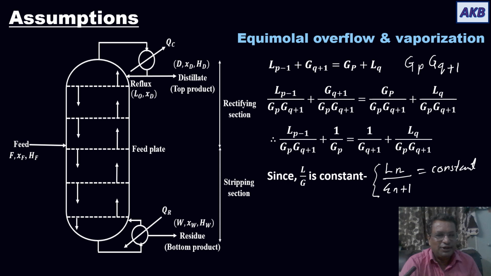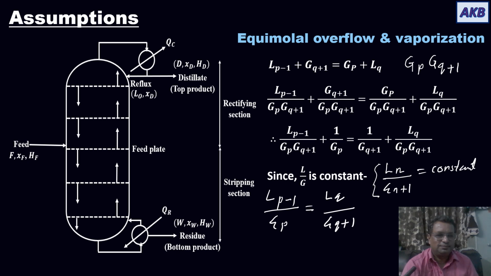Okay, so the point is LP minus 1 divided by GP is equal to LQ divided by GQ plus 1 in the rectifying section.